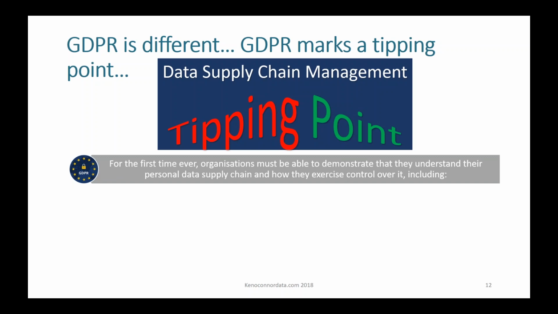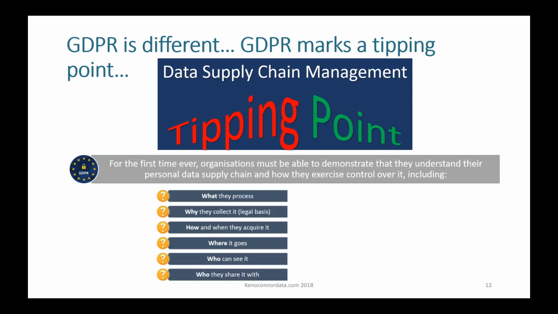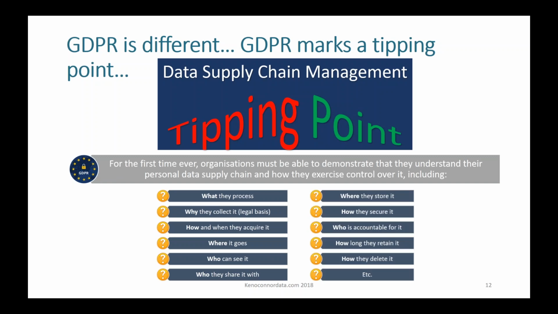This is the first time ever, by law, that organizations are required to demonstrate that they understand their personal data supply chain and how they exercise control over it. That includes what personal data they process, how they acquire it, who can see it, who they share it with, does it go to third countries, all the who, whats, whys, wheres, and whens, right? You have to be able to deliver those.